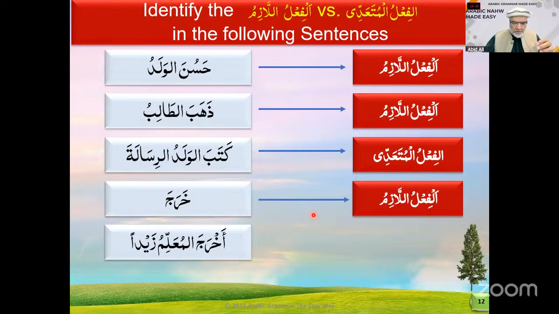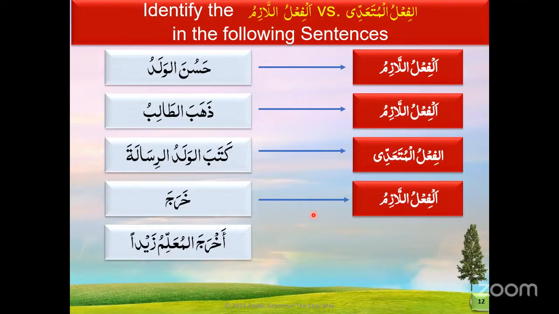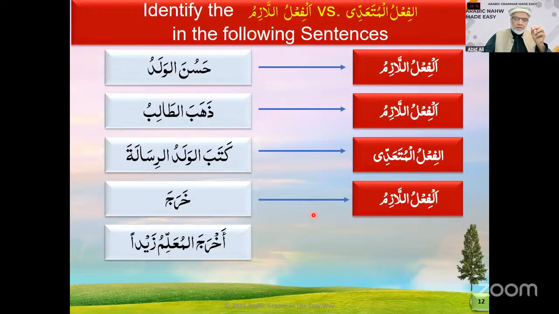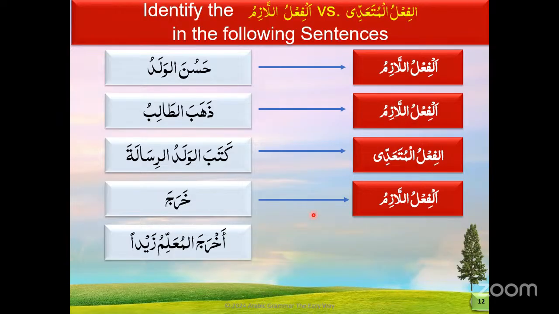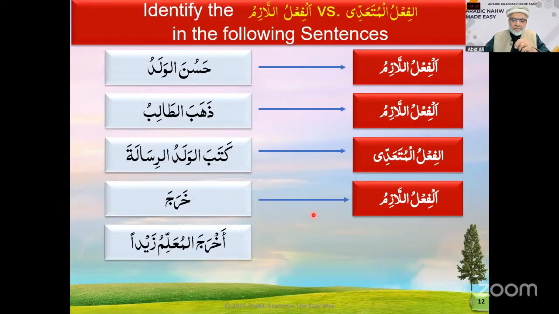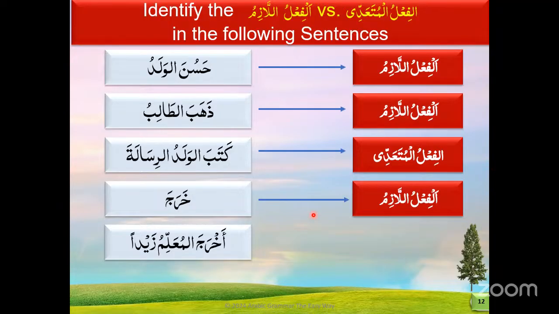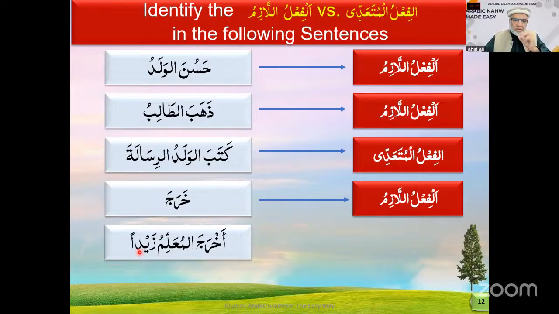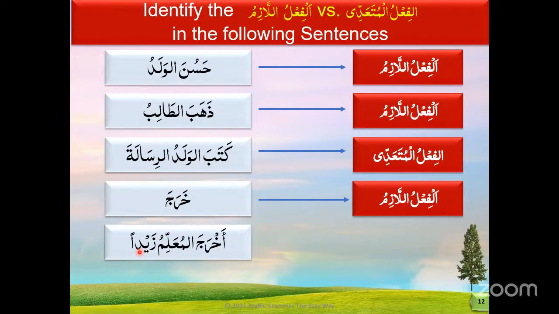Okay, the teacher made Zaid go out of the class. Now, in this case, who's the subject? Muallim. And is he causing somebody else to leave? Yes. And Zaidan is the object. Okay, good. And Muallim is the subject.